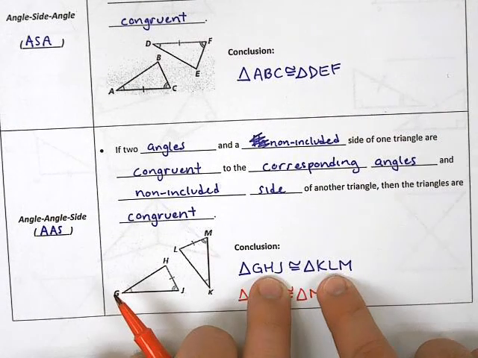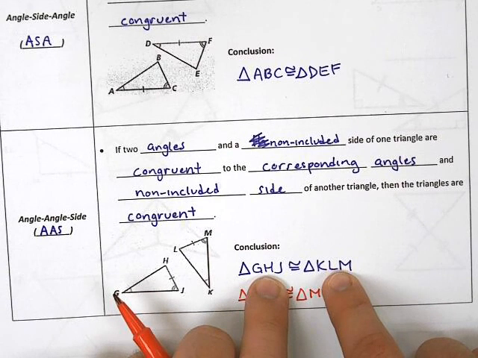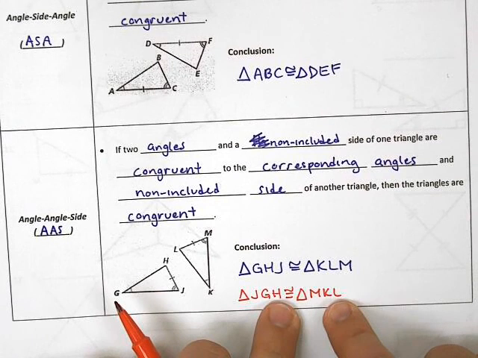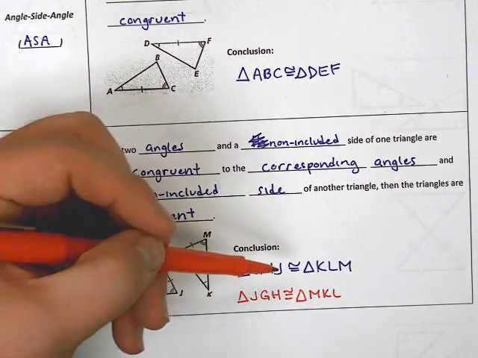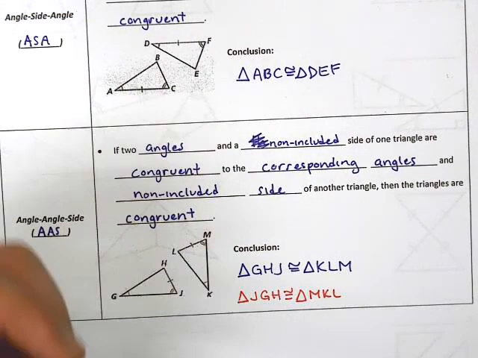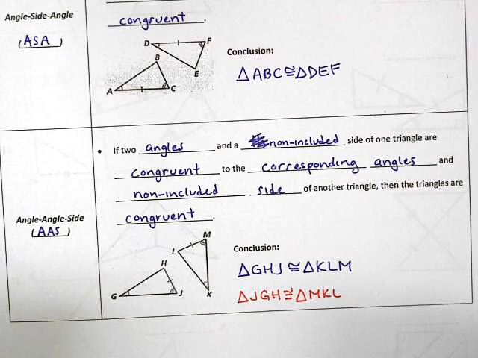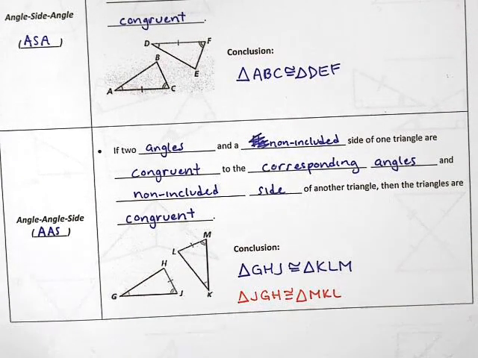H and L are together in the second spot in my first congruent statement, and H and L are together again. So notice, this means that these are still correctly corresponding to each other. As long as H and L line up, wherever you put it, it is fine with me. Same thing with G and K, or J and M.